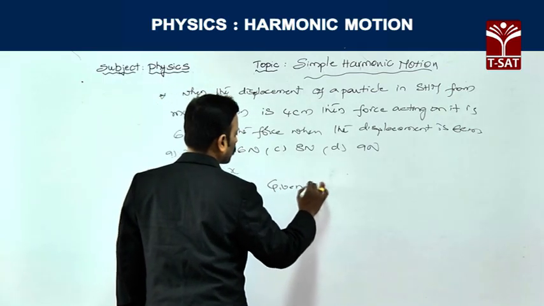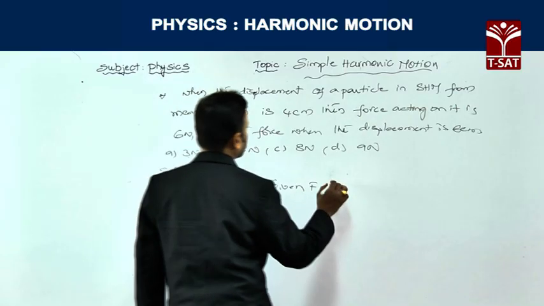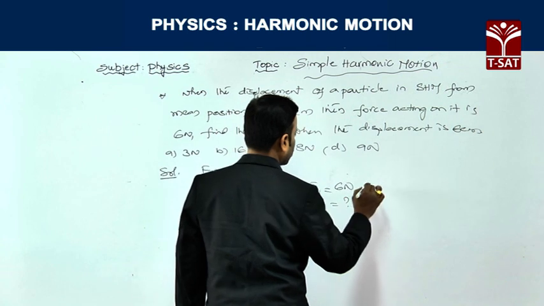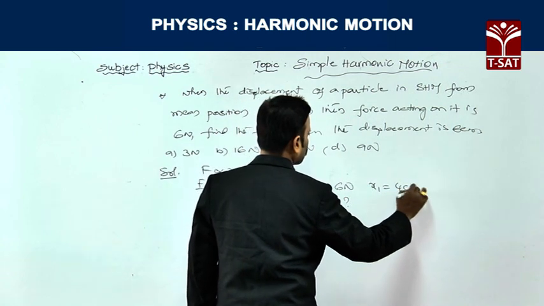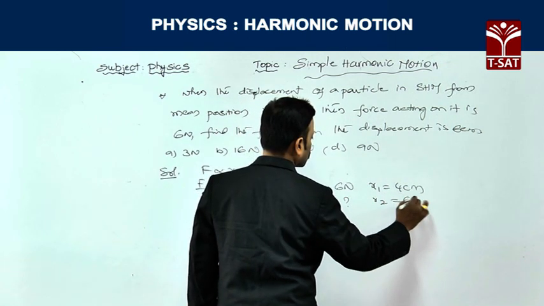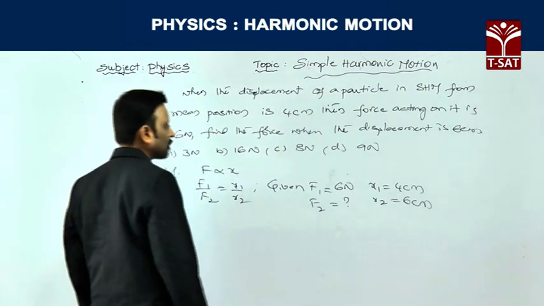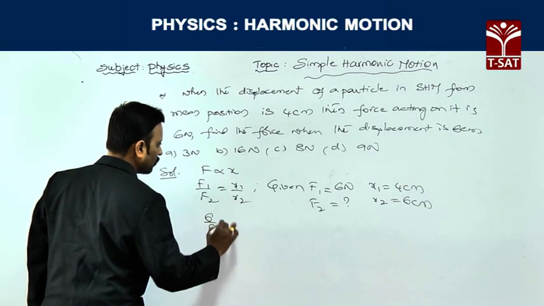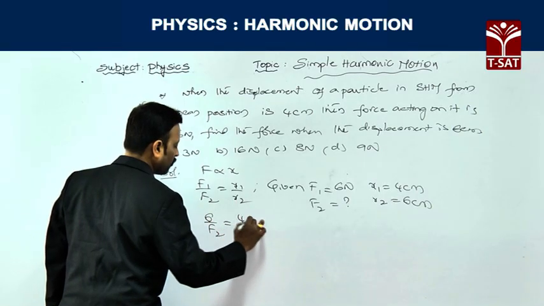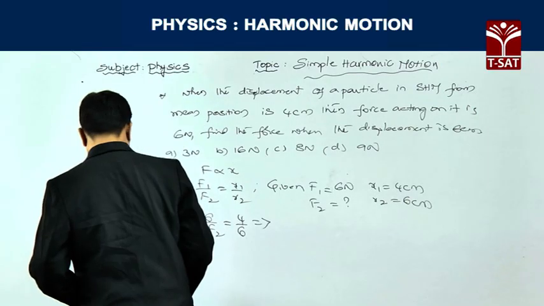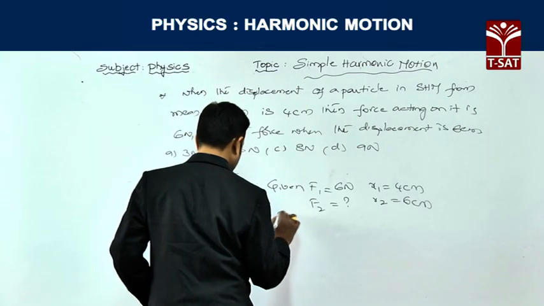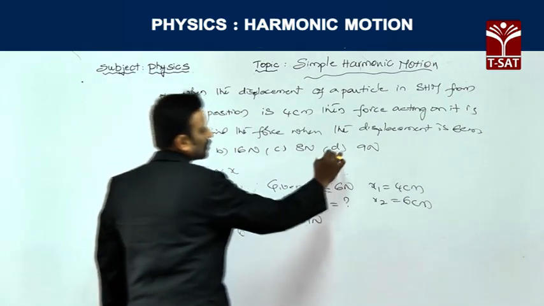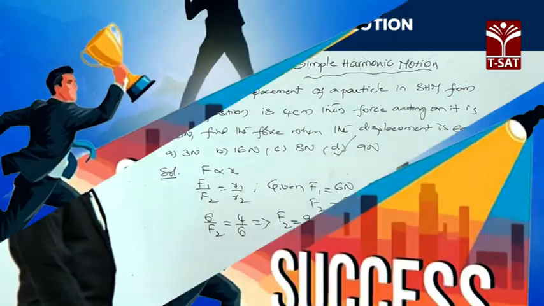Given F1 as 6 newtons, F2 you are asked to calculate, x1 is 4 centimeters, x2 is 6 centimeters. Substitute the values in this relation. So, 6 by F2 is equal to 4 by 6. When you simplify that, you will get F2 as 9 newtons. So, the fourth option is the correct one.